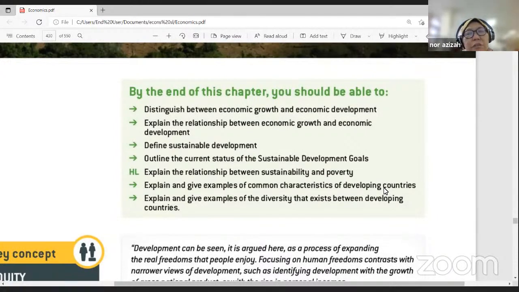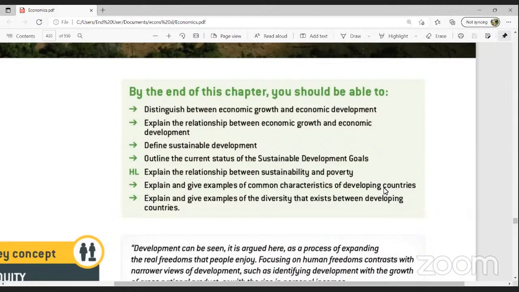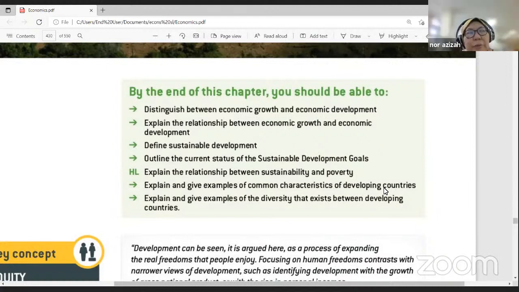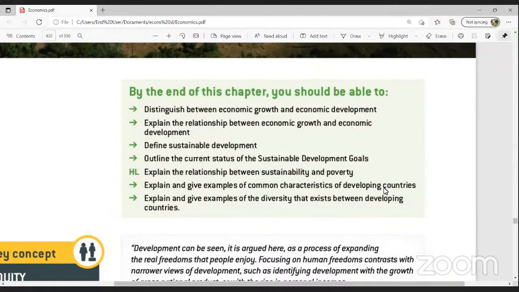Economic development is not just real output. What else? National income?